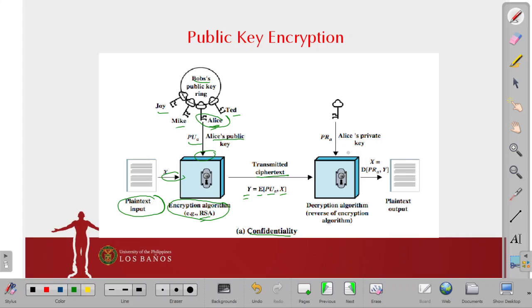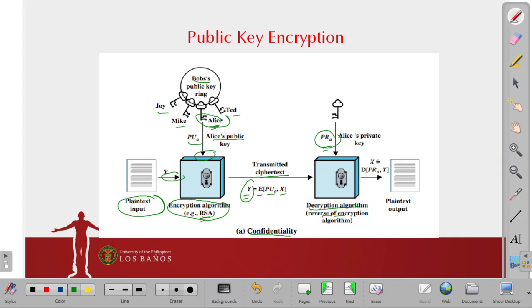Now, on Alice's end, she will receive the message, the ciphertext Y, and she will use the decryption algorithm. If RSA was used at the sender end, it will also be used here, and then instead of using the public key for decryption, Alice will decrypt using her private key.